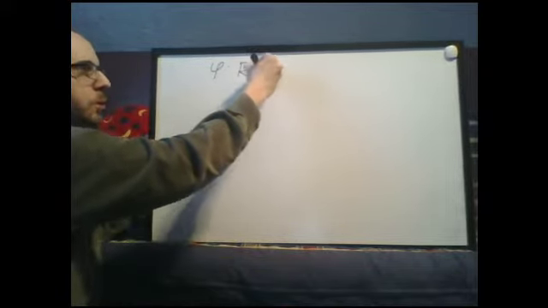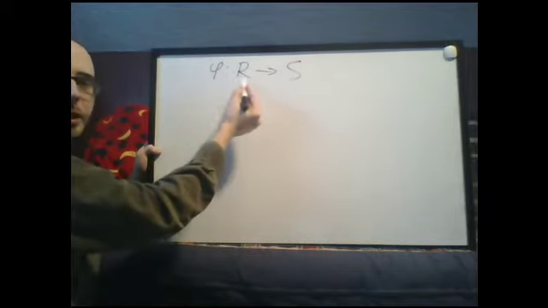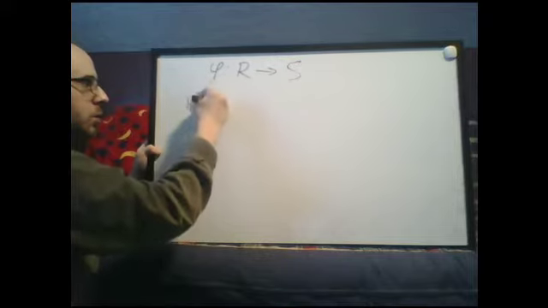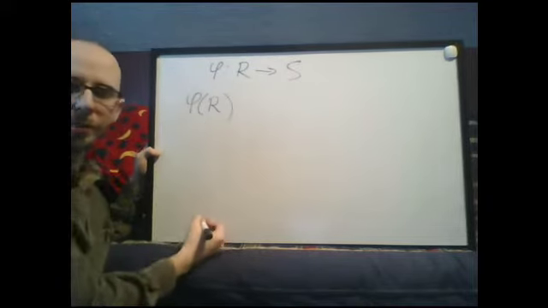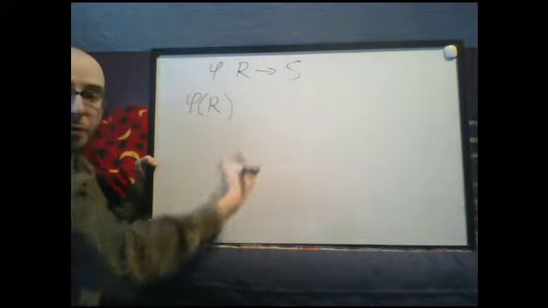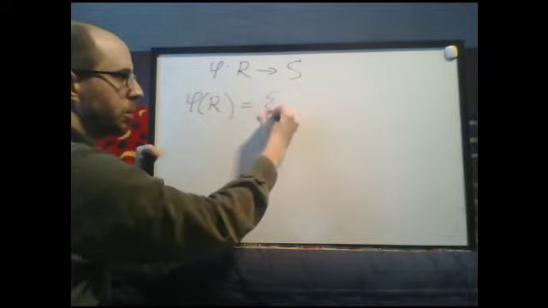Let me briefly comment on the other one. Since it's been a few boards by now, phi was a function from R to S. Kernel phi lives in the domain and is an ideal there. We also had, if you think back to the group homomorphism stuff, phi of R, the range of this function. This is defined the same as it was for group homomorphisms.